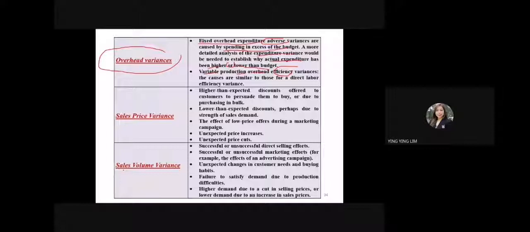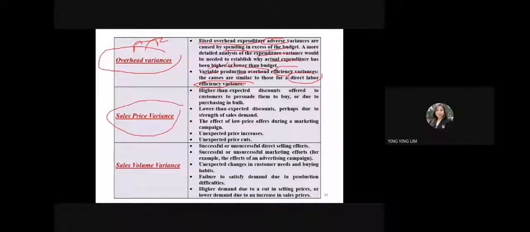When it is absorbed on a direct labor hour basis, the variable overhead efficiency variance that you get, whether adverse or favorable, will directly result from the direct labor efficiency variance, because they are absorbed on the same basis. So you have to refer back to your direct labor efficiency variance to see whether it is adverse or favorable. Then from there, you link those two points to talk about the causes.